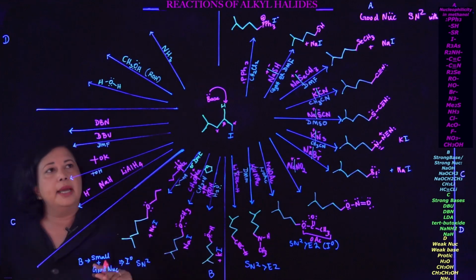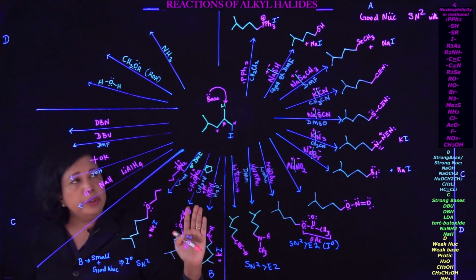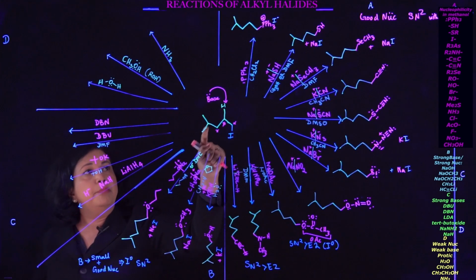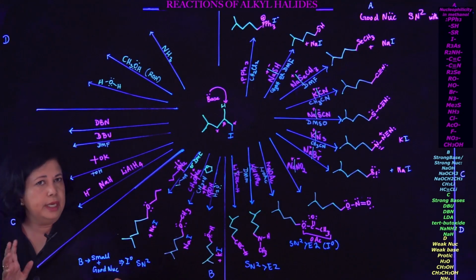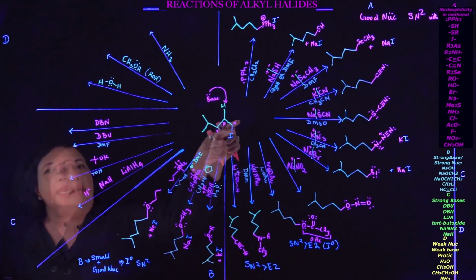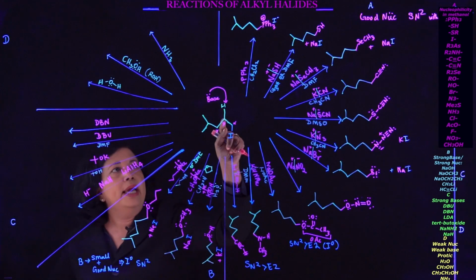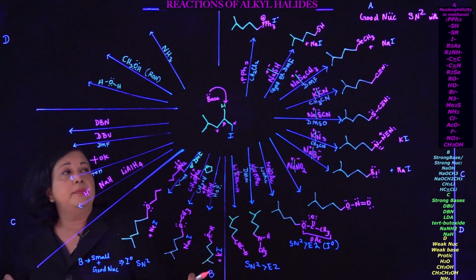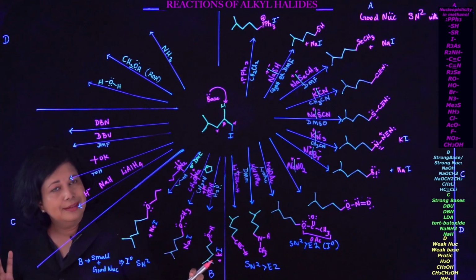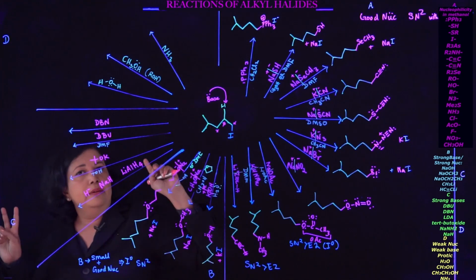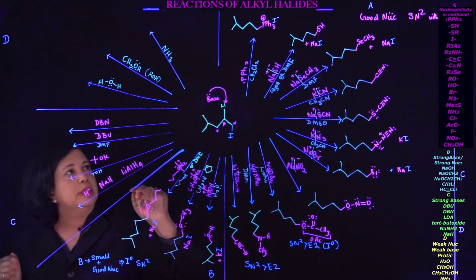But here it's not branched, so it's fine. However, if you're branching beyond the third carbon, it doesn't really affect the rate as much because it's away from the active site. So branching on beta can really make a primary almost behave like a secondary. You have to be mindful of that, and we'll do a branched primary later on.